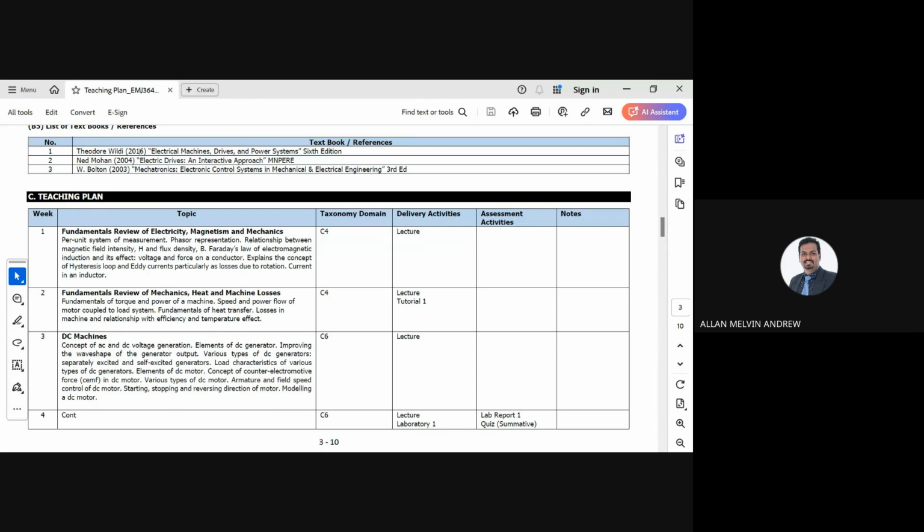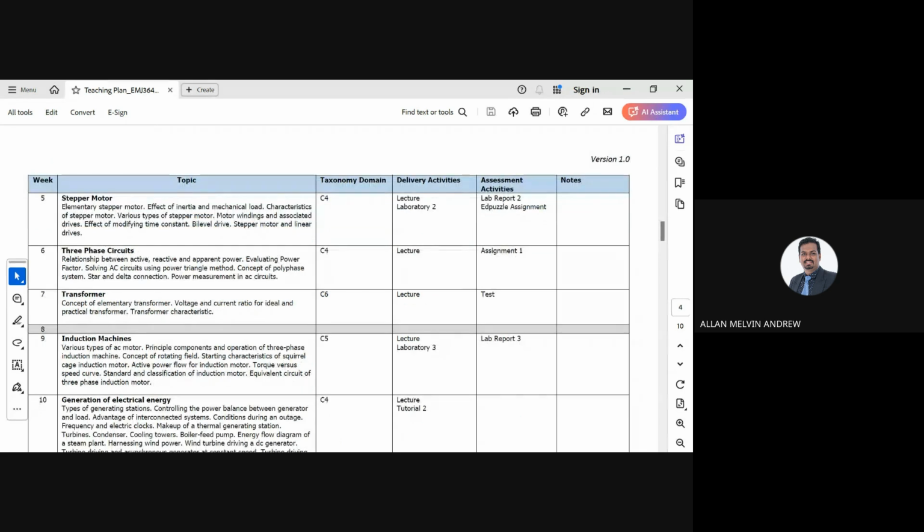There will be some flexibility in the schedule. But in week seven, we estimate to have our test, because most of the subjects will be after the midterm break. I will try to do it before, but we'll see how things go. If okay, we can do it before the midterm break; if not, we will do it after.